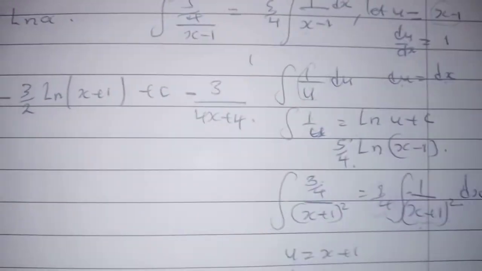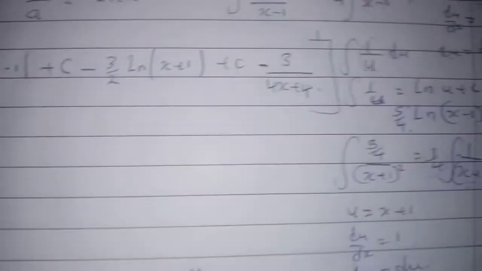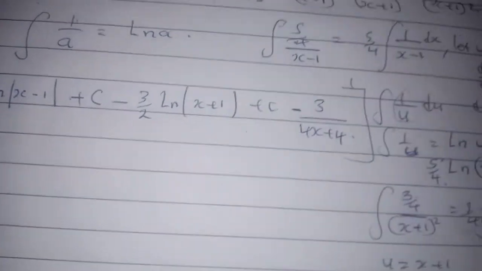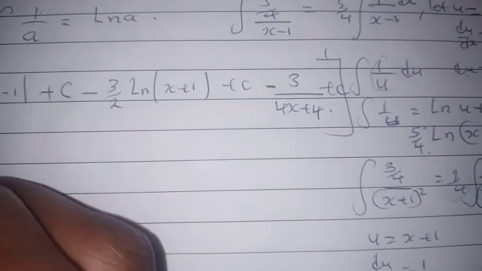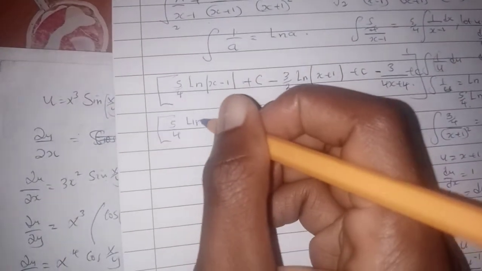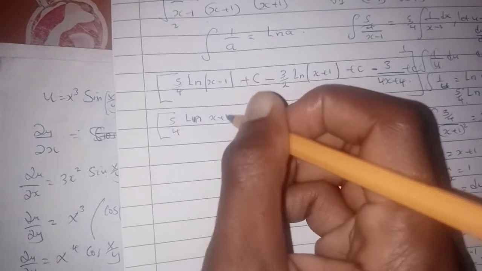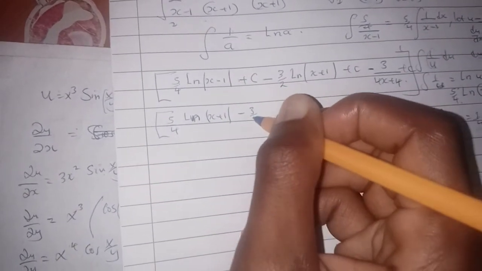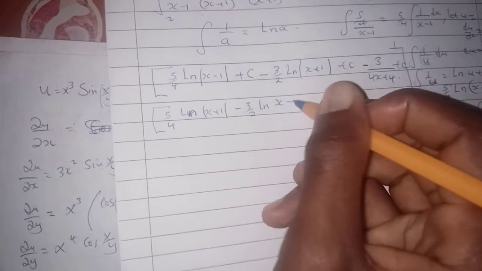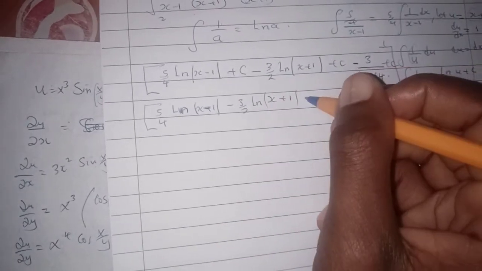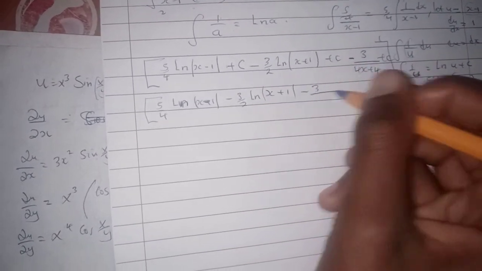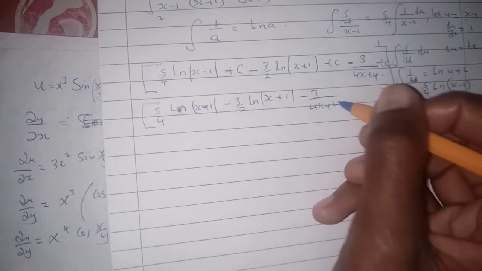But since a constant plus another constant is just a constant, you can further write this function as 5 over 4 natural log of x minus 1, plus minus 3 over 2 natural log of x plus 1, then minus 3 all over 4x plus 4, plus constant c.